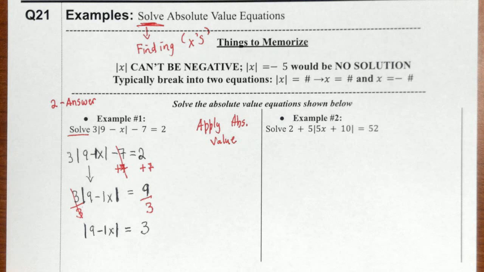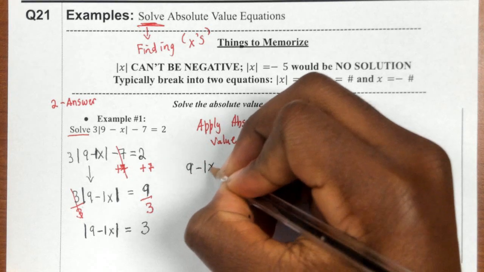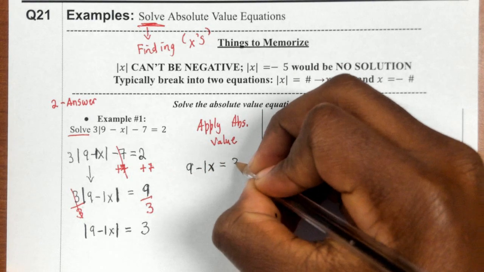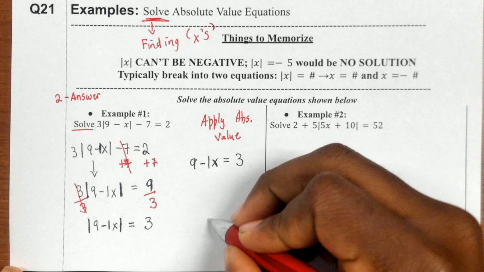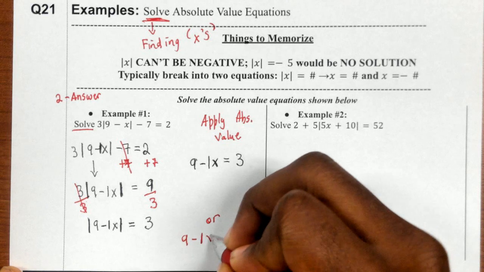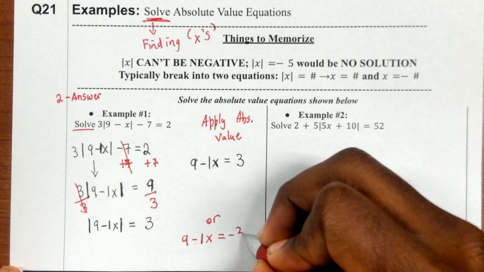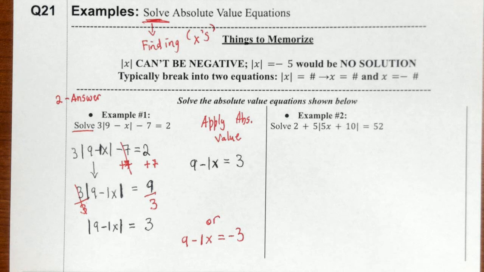When you do that, you're stating that your 9 minus 1x could be equal to a positive 3, or your 9 minus 1x could be a -3. That is what you're stating when you apply your absolute value.